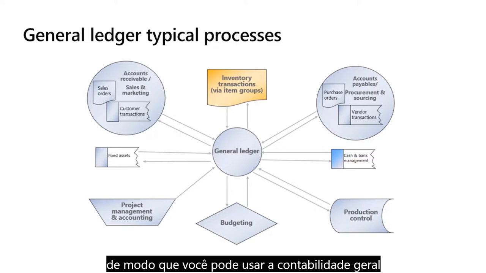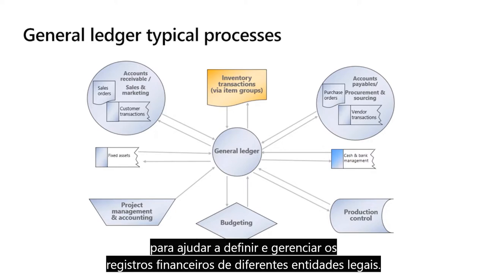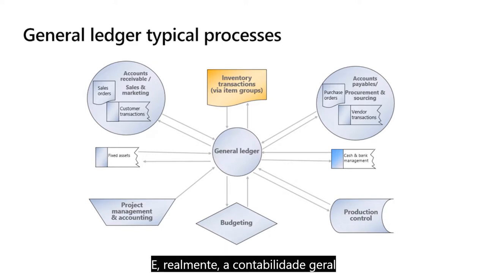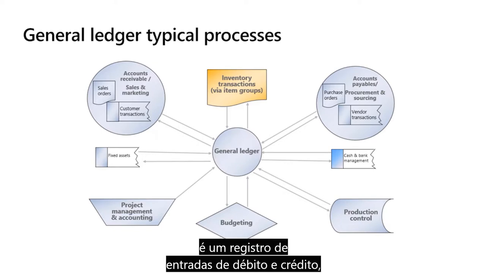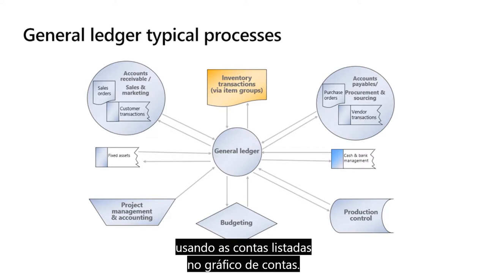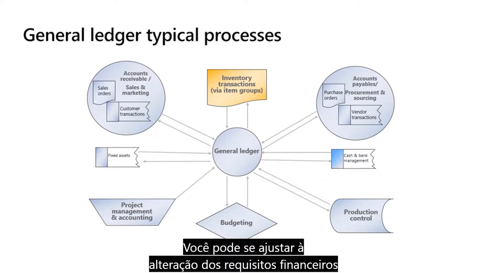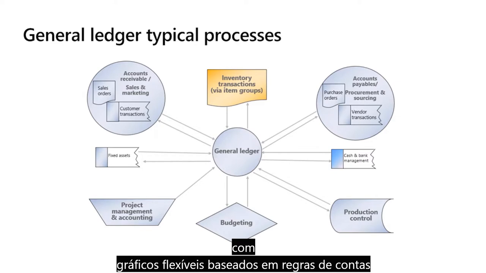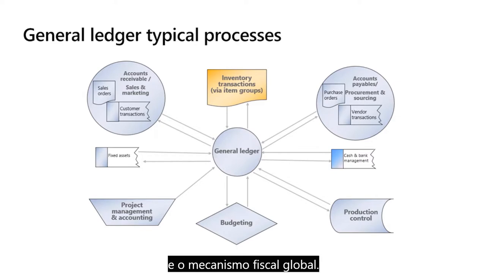So you can use the general ledger to help define and manage different legal entities' financial records. And really, the general ledger is a register of debit and credit entries. And you're classifying these entries using the accounts listed in the chart of accounts. You can adjust to changing financial requirements with flexible, rule-based charts of accounts and the global tax engine.